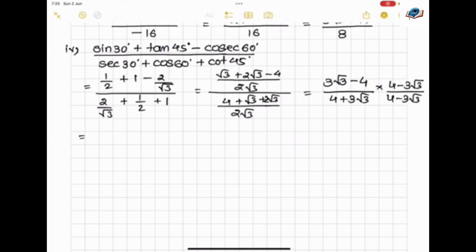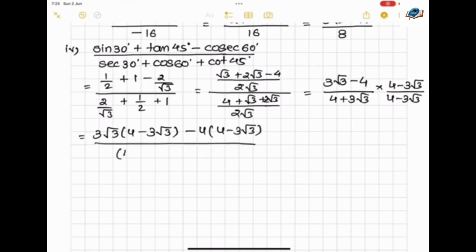Again multiplying with the opposite sign to rationalize the denominator. So 3 root 3 minus 4 into 4 minus 3 root 3 upon 4 plus 3 root 3 into 4 minus 3 root 3, that is 4 whole square minus 3 root 3 whole square.